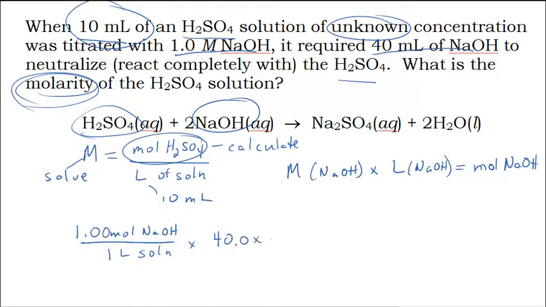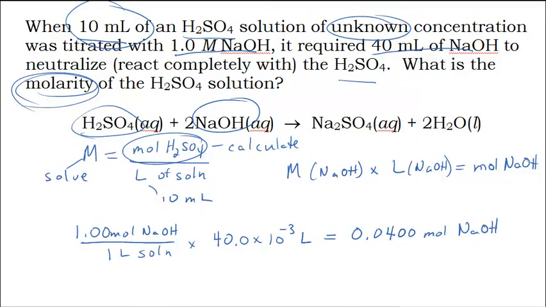Let's write 3 sig figs here. Let me just make sure I get this right. Yeah, so we're going to get 0.0400 moles NaOH.